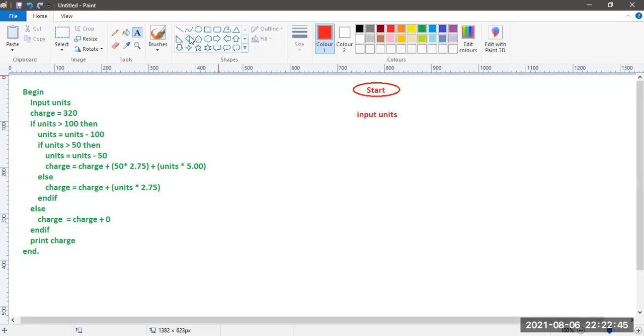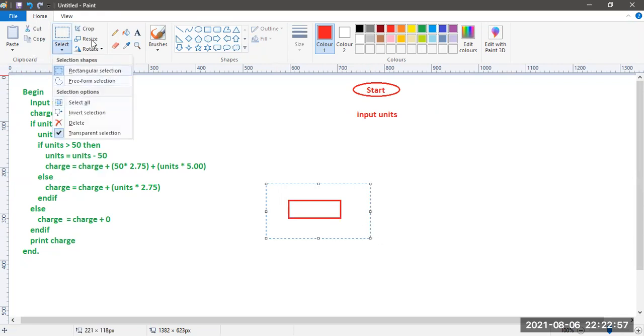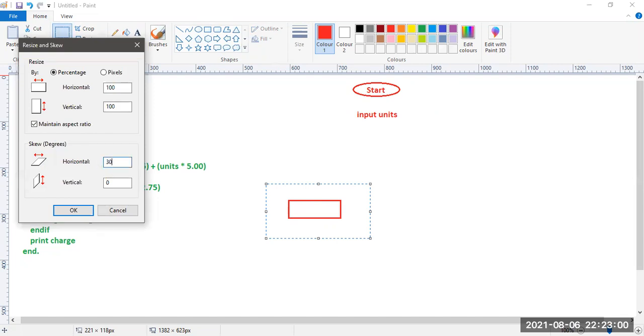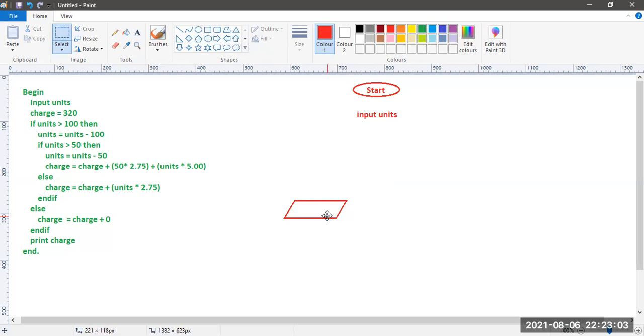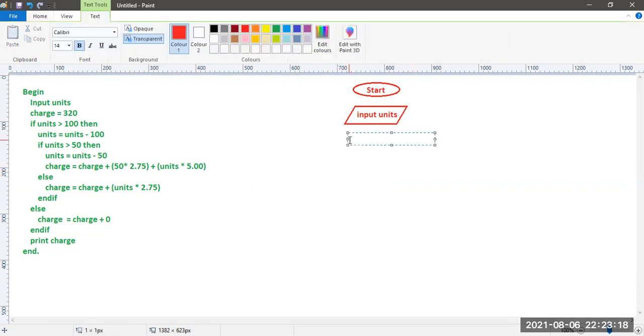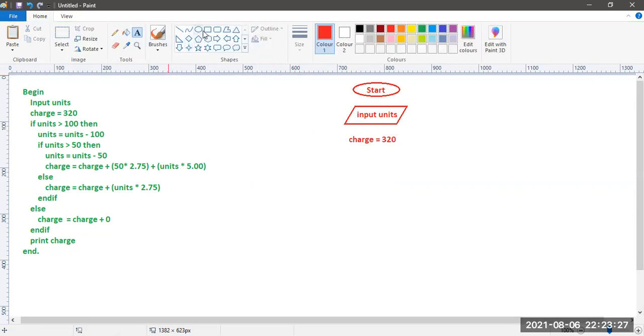I'll be using a parallelogram for that. Then charge equals 320. The process, so 320 rupees is the normal charge.